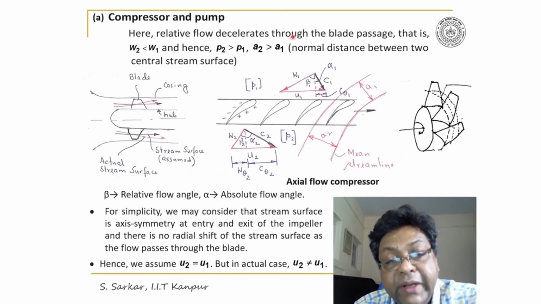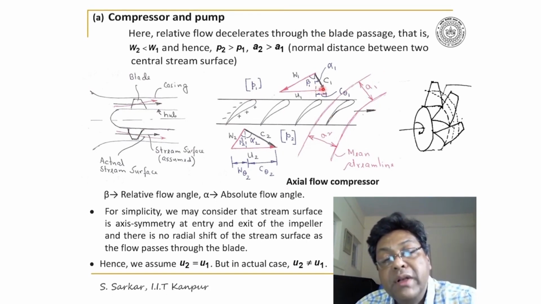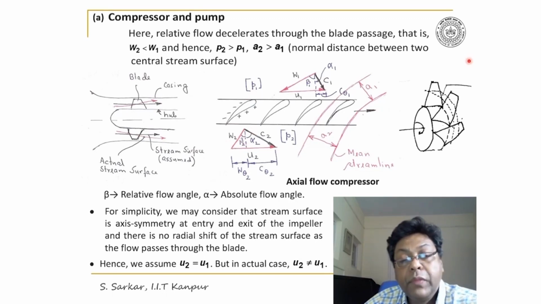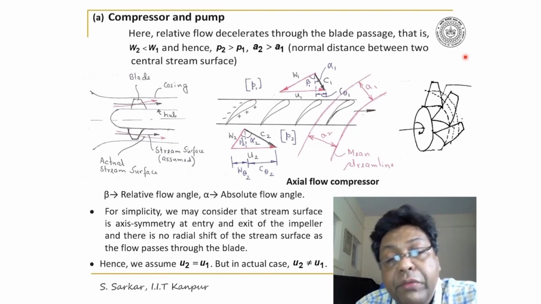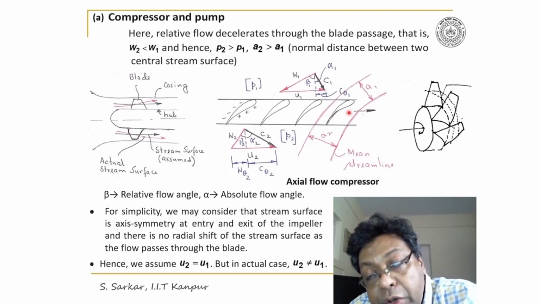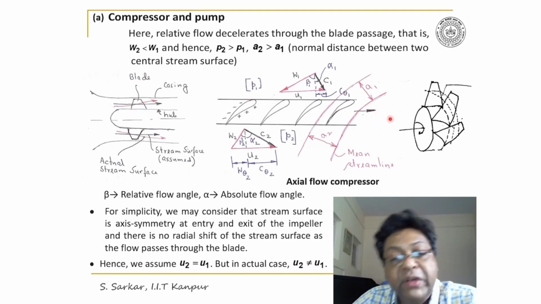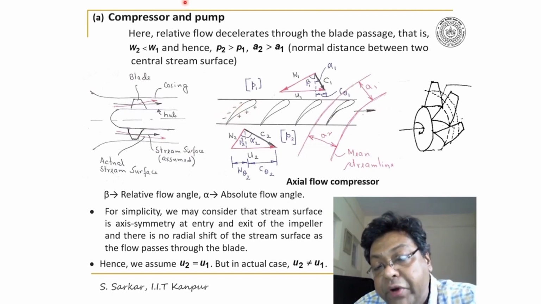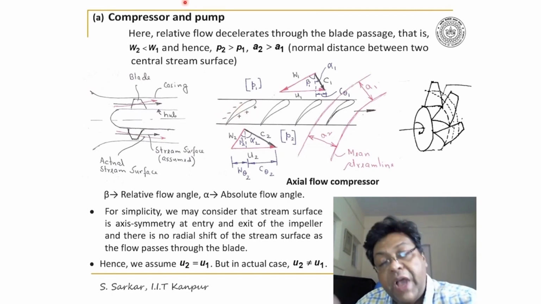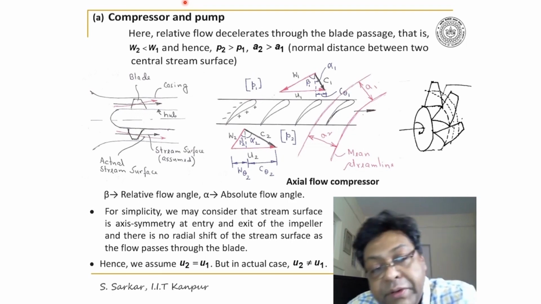So please note that here we have beta 1, alpha 1, and similarly beta 2, alpha 2. Further, please note the direction of the rotation. So this surface will be the positive surface and this will be the negative surface, which I call the pressure surface and the suction surface.